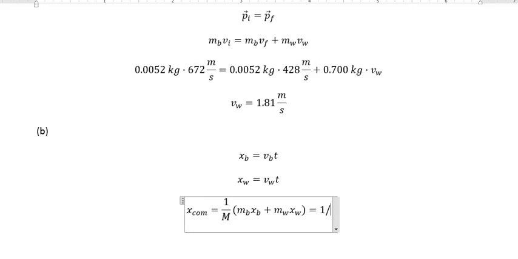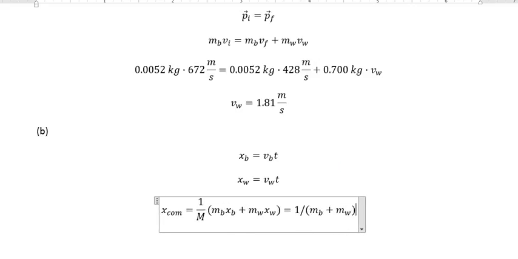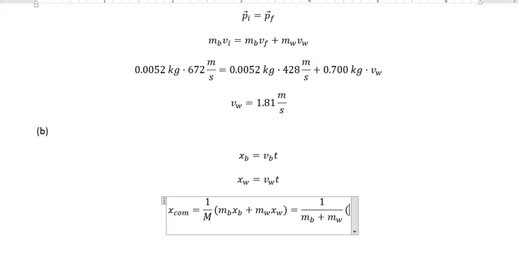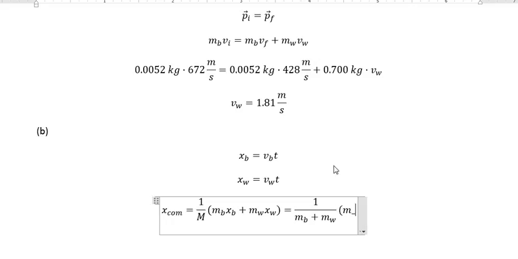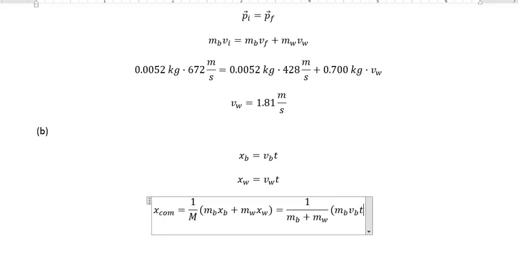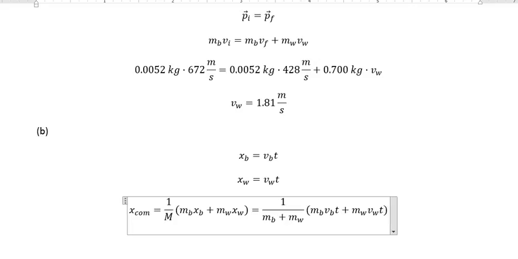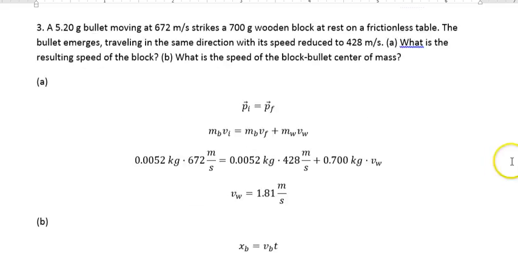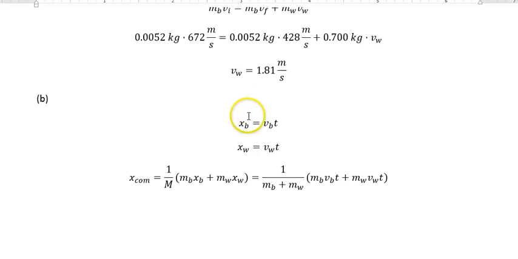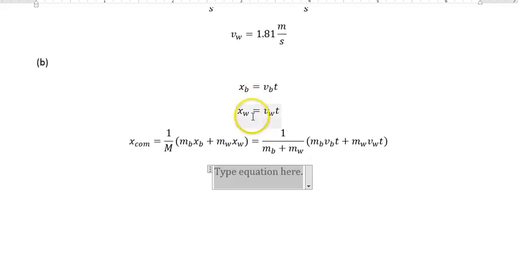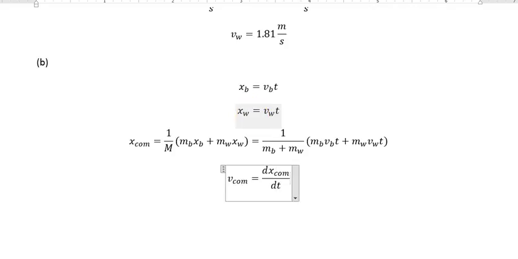So this is 1 over, I'm going to go ahead and put this, MB plus MW, times MB VB t plus MW VW t, right? That gives us the position of the center of mass at any time. And what is the speed? The velocity of the center of mass is just d x center of mass dt, right?